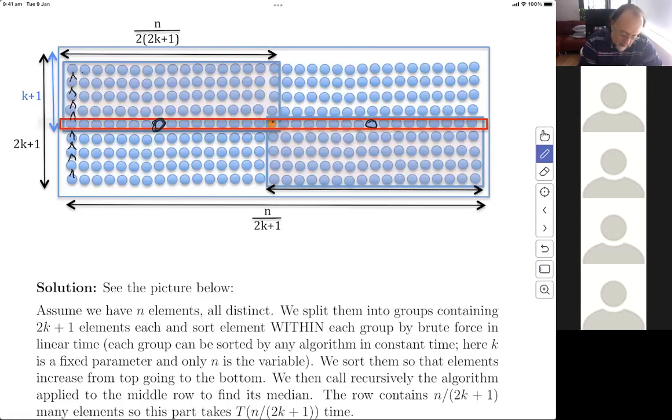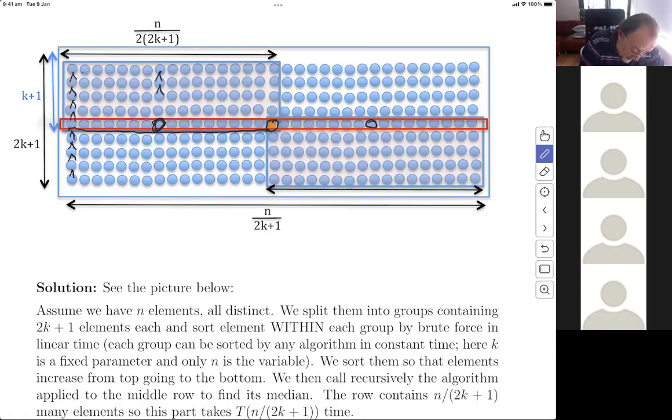And in this way, we know that the elements on the left are not sorted, right? But they're all smaller than the pivot, okay? And all elements on top in this pink box, top left corner, they're all smaller than the pivot. Why?